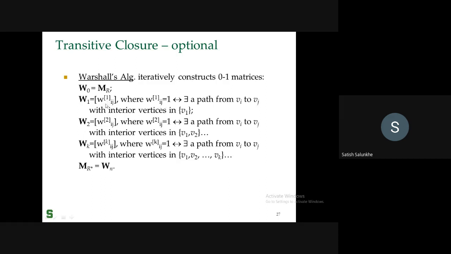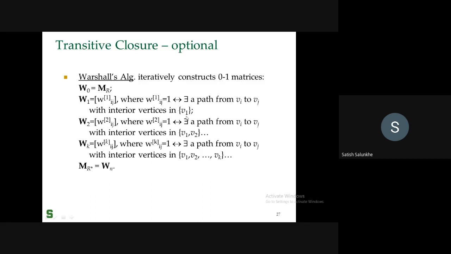You are just identifying all those associations i to j such that there exists a path from Vi to Vj with interior vertices in V1. With interior vertices in V1 means what? What are those vertices which are connected to V1? And what are those vertices Vj which are connected from V1? So Vi comma V1 and V1 comma Vj.